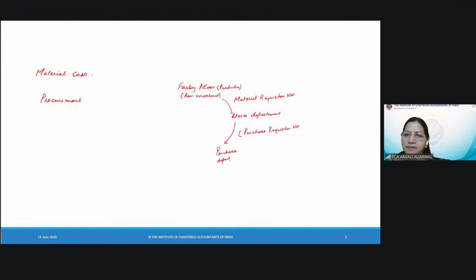The purchase department will invite tenders from the various suppliers and it will choose a supplier, and to this supplier it will place a purchase order.